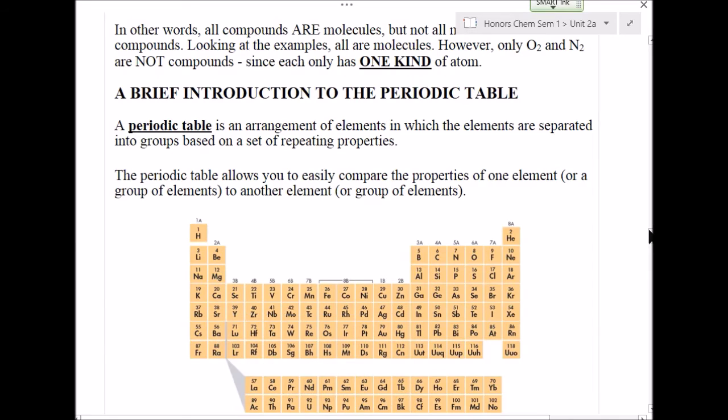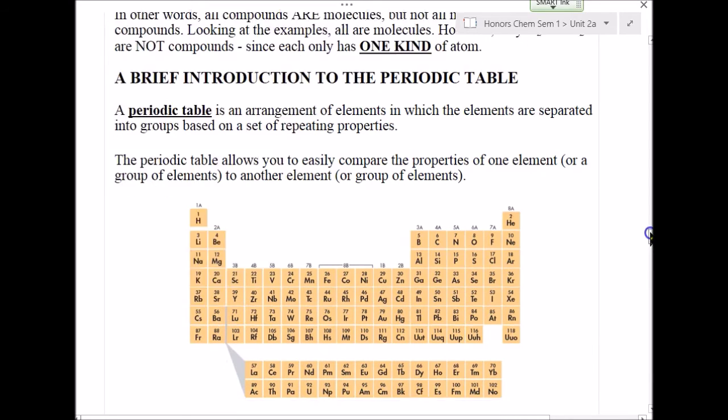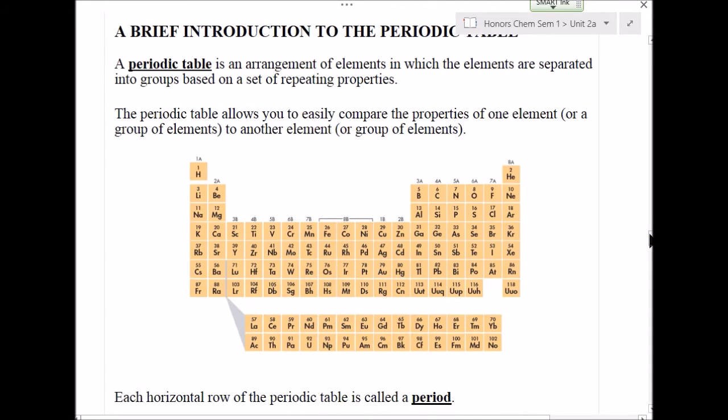We'll talk about that a little later. Today's not that day. Today's just an introduction, not kindergarten, but junior high type material. But the periodic table is arranged in a particular way for a reason. It's not just by accident.